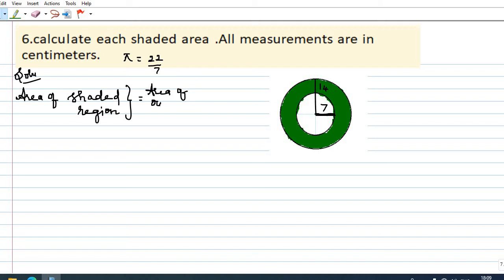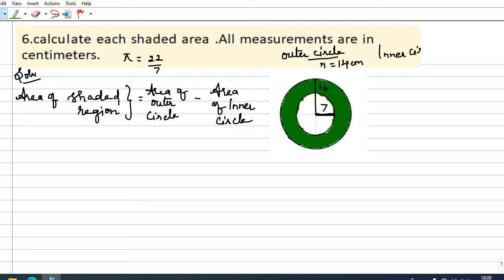See, outer circle radius is what? 14 centimeter, as well as the inner circle radius is 7 centimeter.